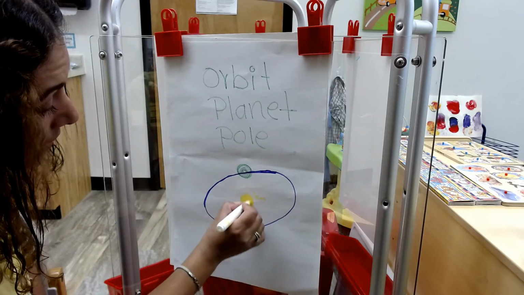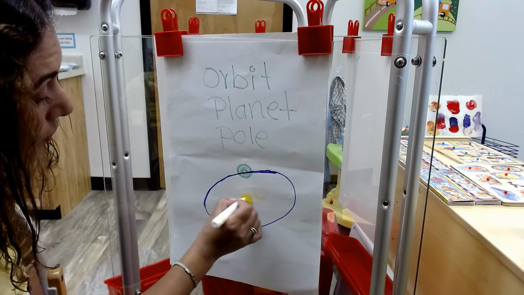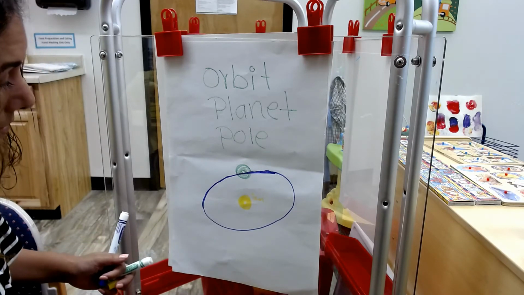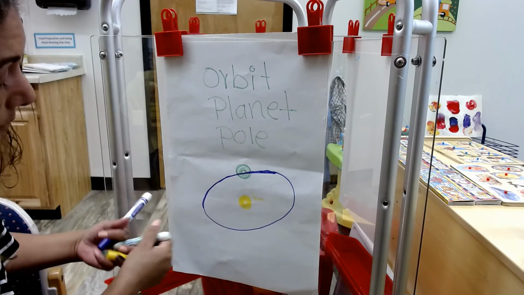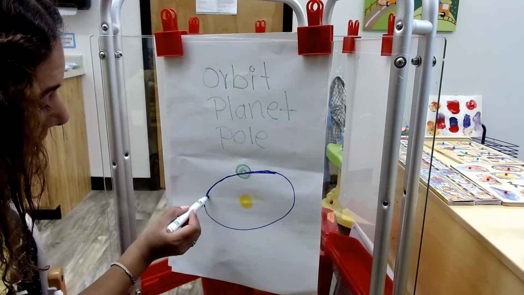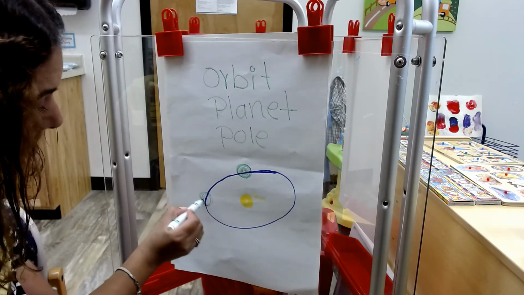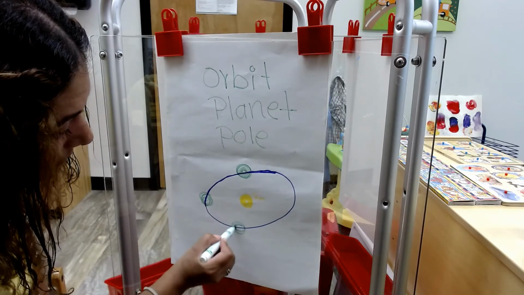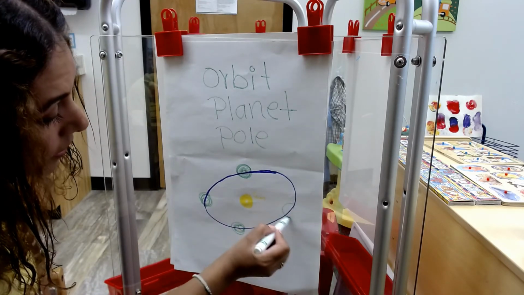The sun is still here all year long. Our planet, that is the Earth, travels around the sun on this orbit all year long.